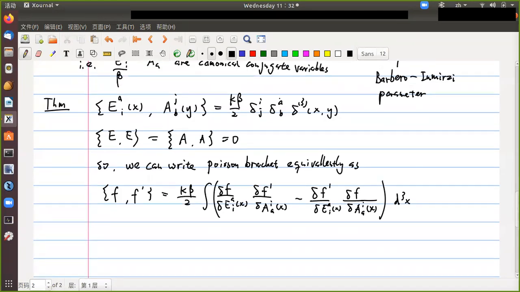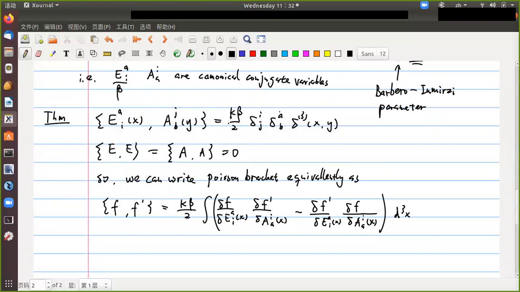Here you have to be a little bit careful: the coefficient on the right hand side for E and A is kappa times beta divided by 2. Before it was just kappa.